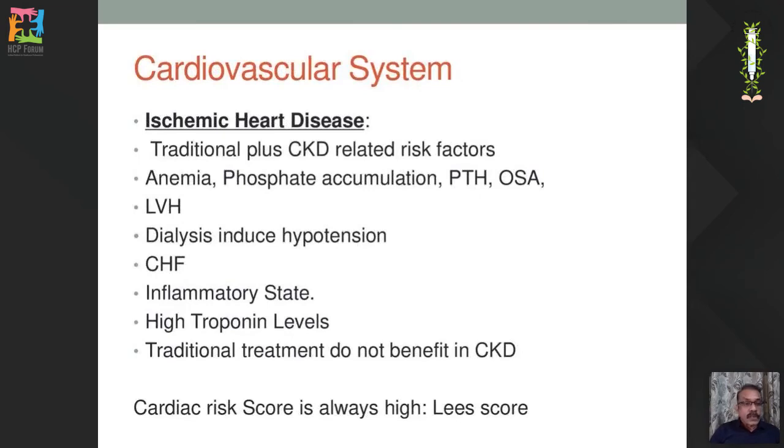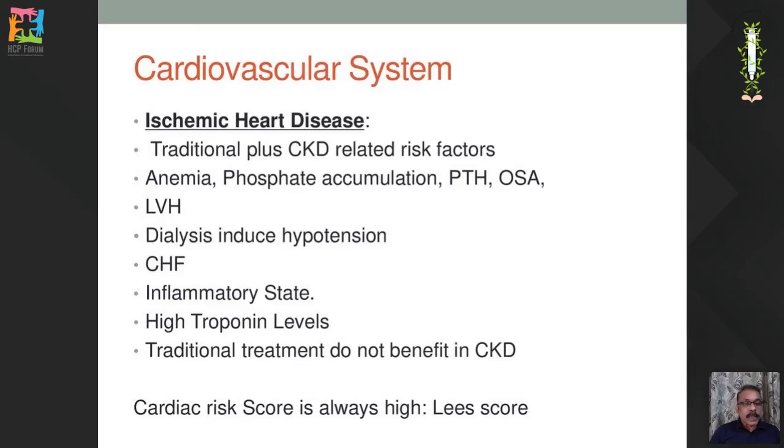Coming to the cardiovascular system now, you have already heard about ischemia, but I'll add some points. Ischemic heart disease is the major concern in end stage renal disease, because traditional risk factors are already there, like uncontrolled hypertension and diabetes, maybe a history of smoking, maybe a family history of coronary artery disease.